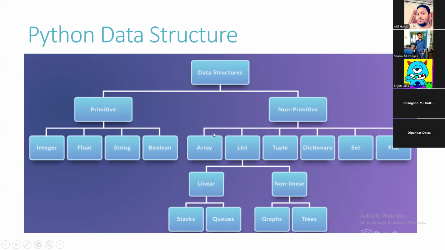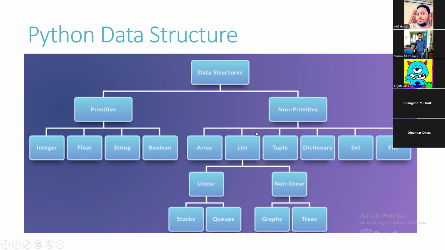There is a huge difference with R, because R is basically based on 6 data structures: vector, data frame, matrix, array, list, and factor. But in Python, we are using array, that is a list, tuple, dictionary, set, and file.